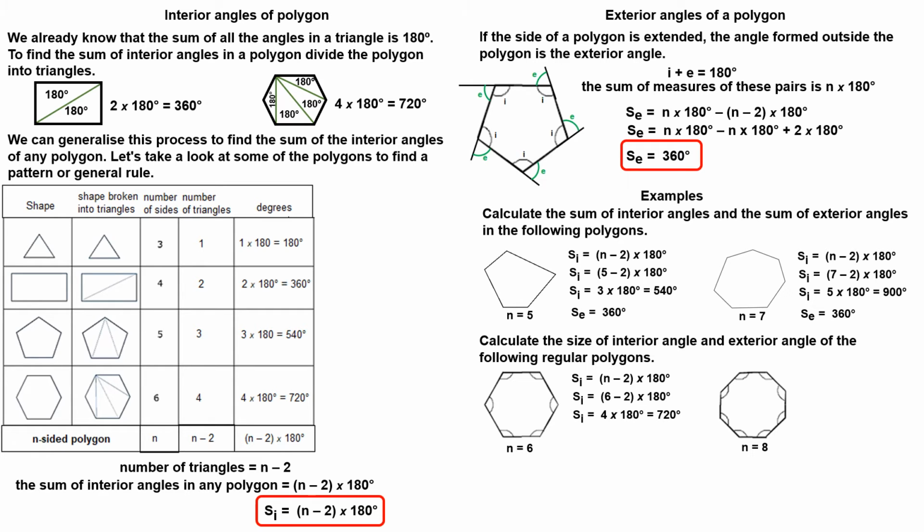All interior angles in a regular polygon are equal. The number of sides is equal to the number of angles. So we can find the size of an interior angle by dividing the sum of the interior angles by the number of sides. Each interior angle of the regular hexagon is 120 degrees.